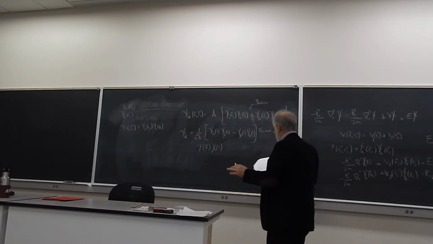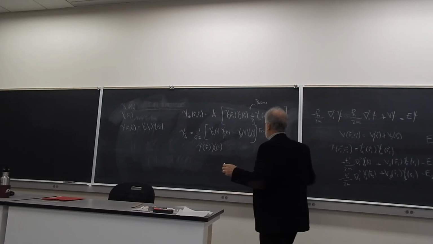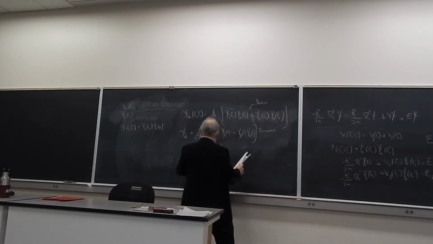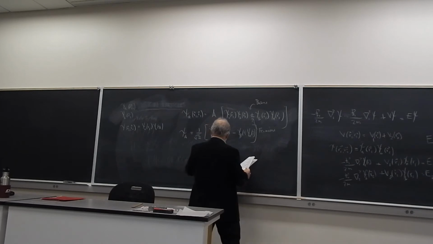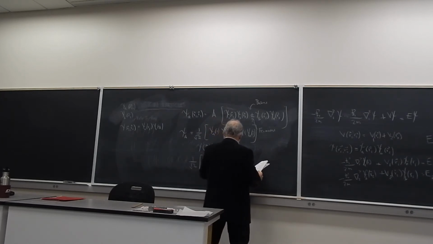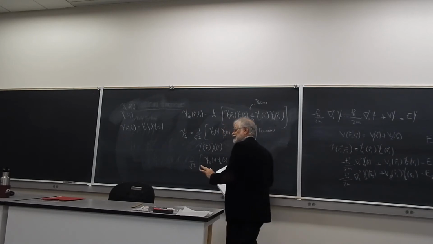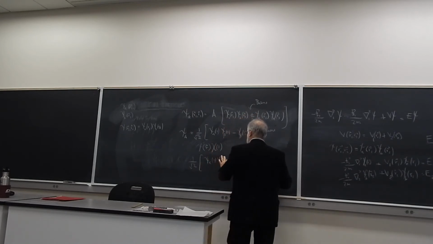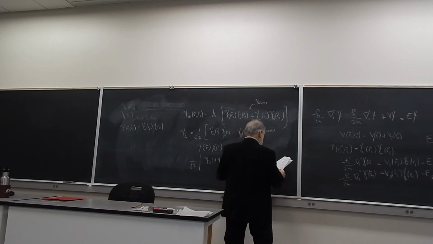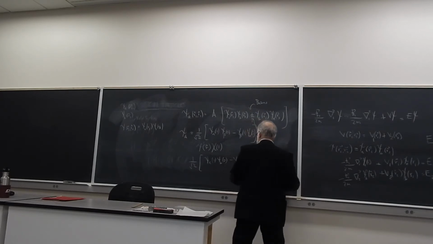So for the antisymmetric normalized eigenfunction, I'm going to write 1 over the square root of 2 for normalization, psi A of 1, psi B of 2, because now I'm back in just space. I'm not including spin here. Psi A of 1, psi B of 2, minus psi B of 1, psi A of 2.